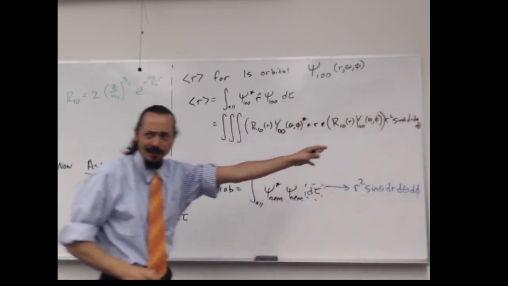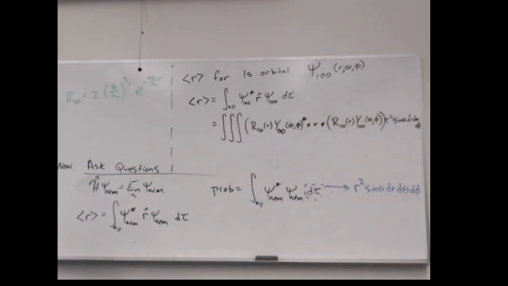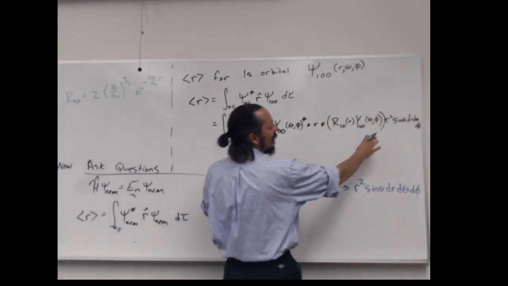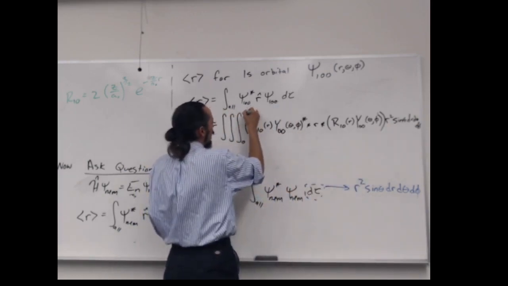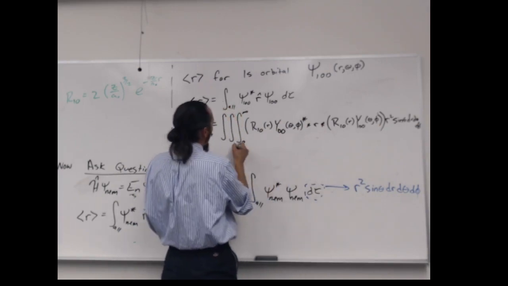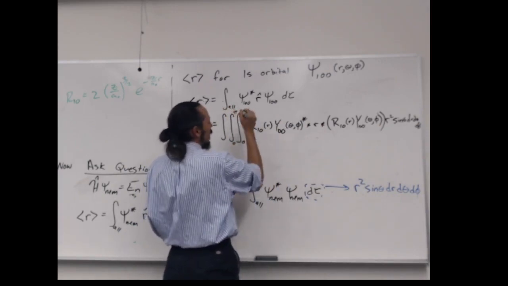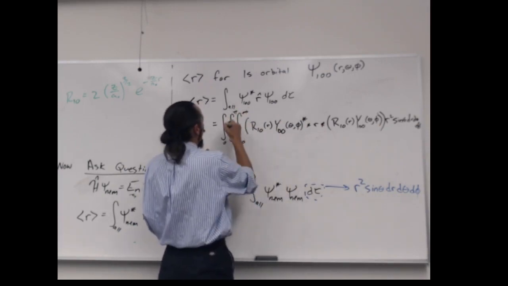There's a d phi in there. You can see that, right? Still didn't give myself enough space. And I always like to put my limits on in the order I wrote my d's. So this would be from 0 to infinity. Theta is from 0 to pi. And phi is from 0 to 2 pi.